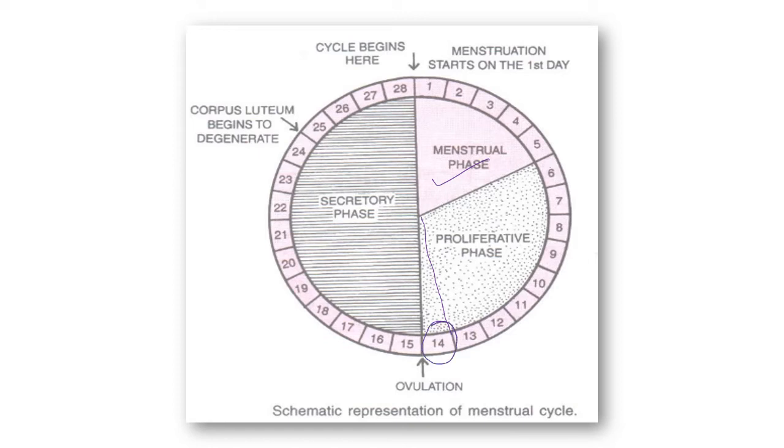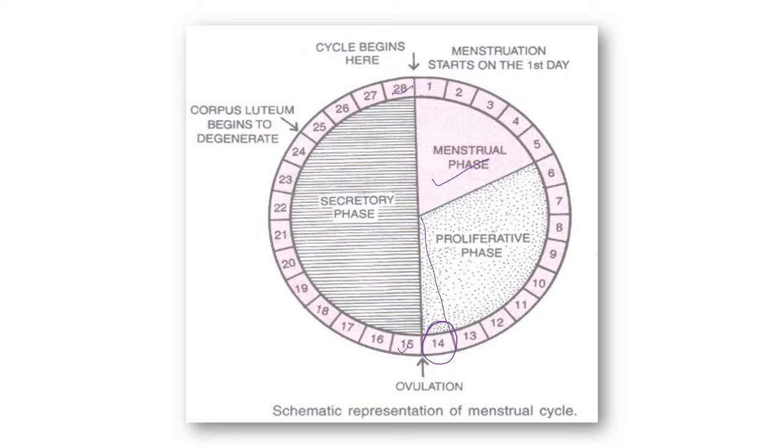Ovulation takes place here, and from 15 to 28 is the secretory phase or luteal phase. That representation is given clearly.